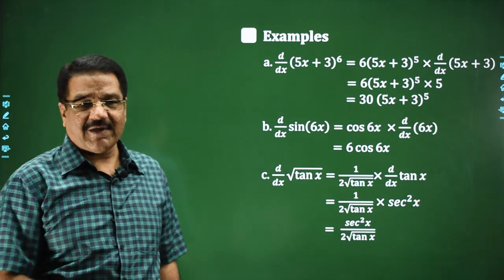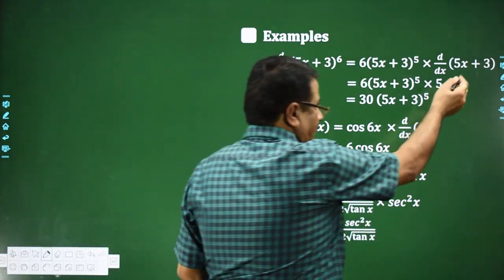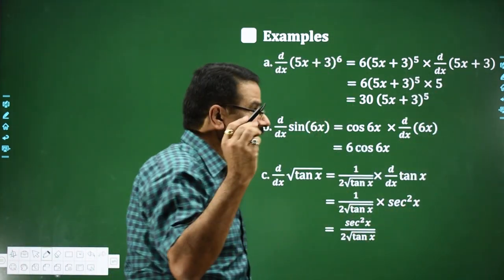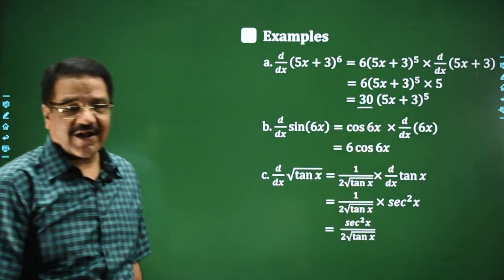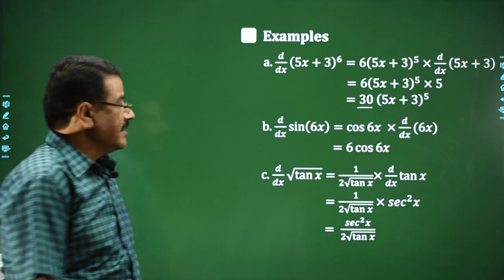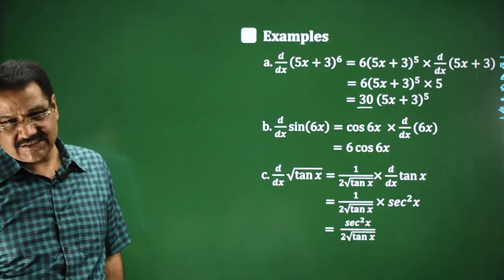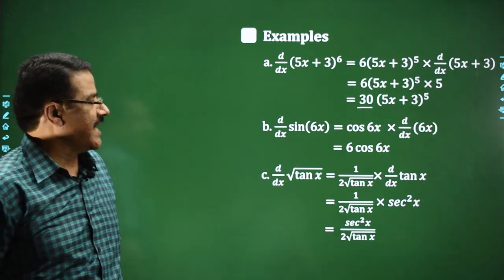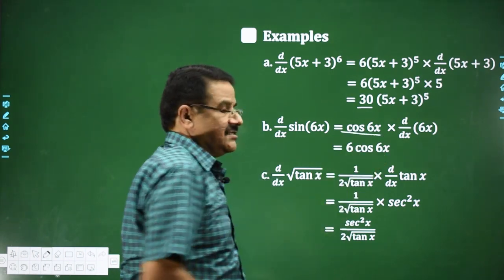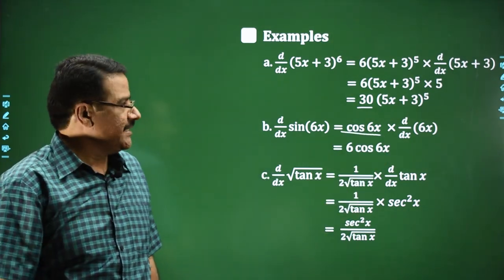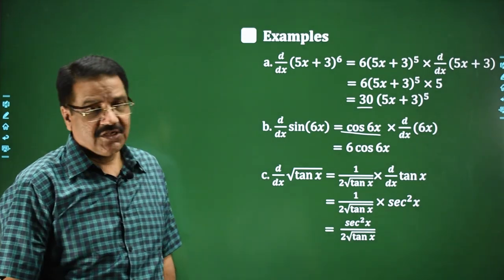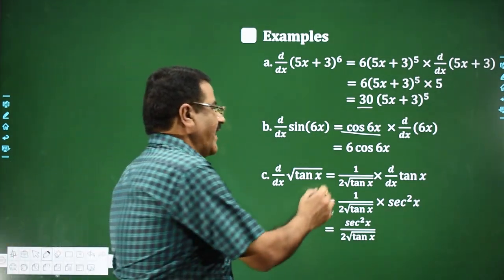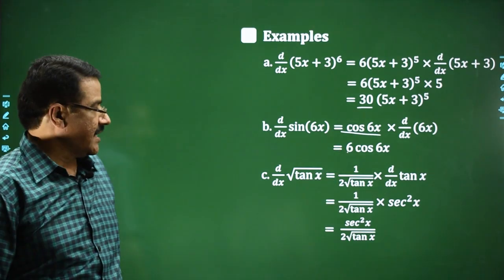The derivative of 5x is 5, the derivative of 3 is 0, no need to write it down, and then the final answer must be given in simplified form. Similarly, d by dx of sin of 6x: first of all take the derivative of sine, the derivative of sine is cos, 6x must be written as it is, then as per chain rule d by dx of 6x which is 6, and therefore the final answer is 6 cos of 6x.